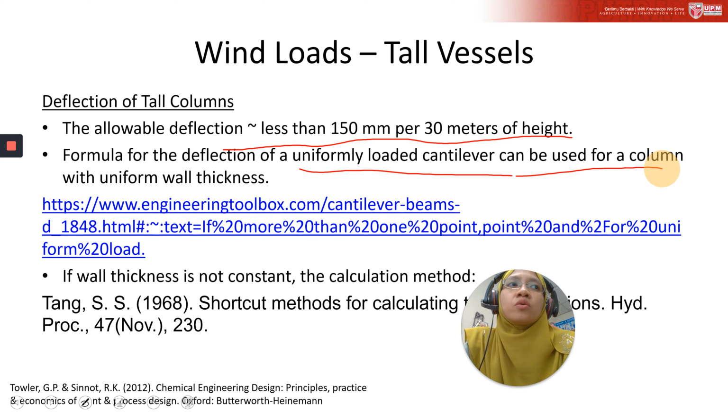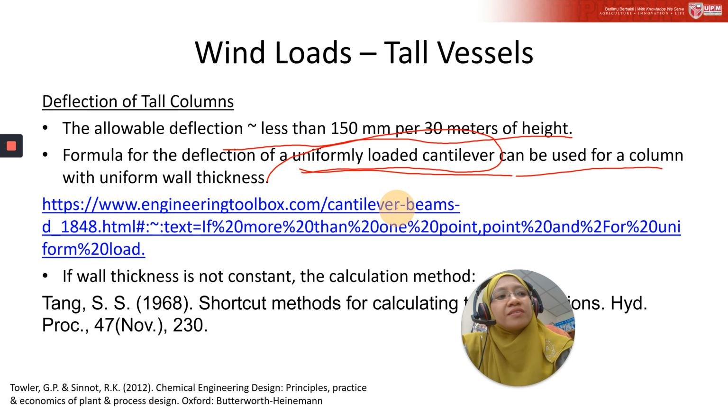So if you design a column with uniform wall thickness, you can simply use the general cantilever equation to calculate the deflection of the cantilever beam. There are examples of this.